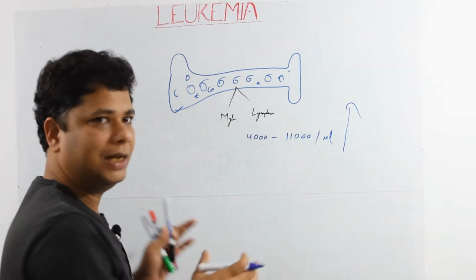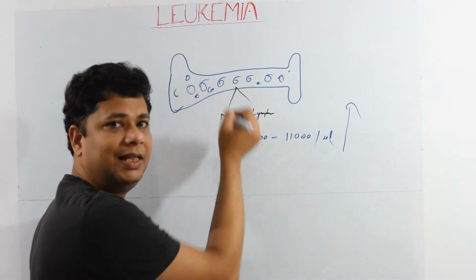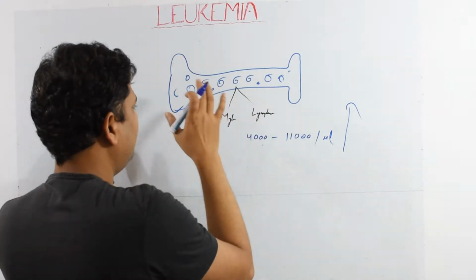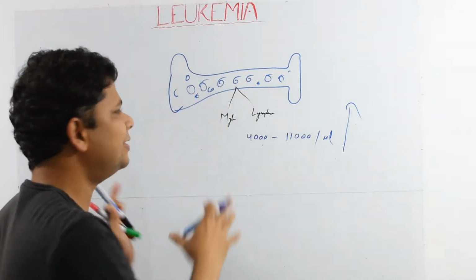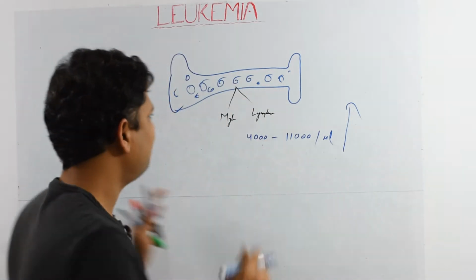So usually what happens is these stem cells are strictly controlled. The growth of these cells and all the signaling processes are very strictly controlled.